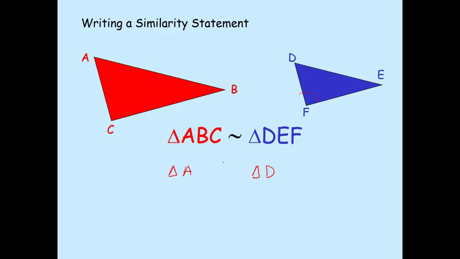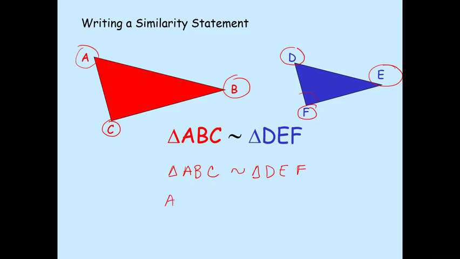F. So let's see how they've got A, B. They went A to B. So let's do B. What does B match up with? E. So we'll have E. And then we'll go to C. And then we'll go to what? F. And then we say similar.